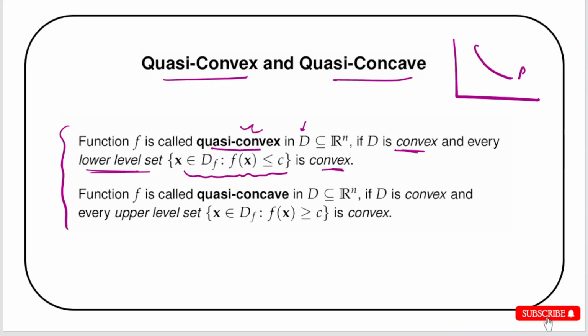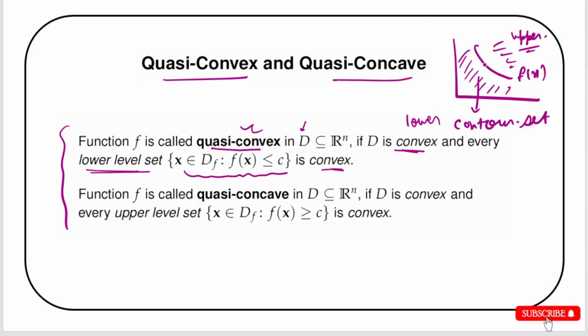So suppose you have a function like this. This particular set is called the lower level set or the lower contour set, and this will be the upper contour set graphically. Mathematically you write it this way: all the x which belong to the domain of the function for which f(x) is less than or equal to c. And if you see this lower level set is convex, then you will say the function is quasi convex.